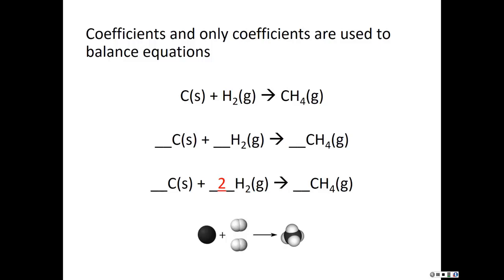I'm going to put a 2 here first, which is going to make my oxygen be even, is why I'm doing that. So doing that, that's going to change the amount of hydrogen I've got to 4 hydrogens. And I've got 2 oxygens here and 2 oxygens here to give me 4 oxygens.